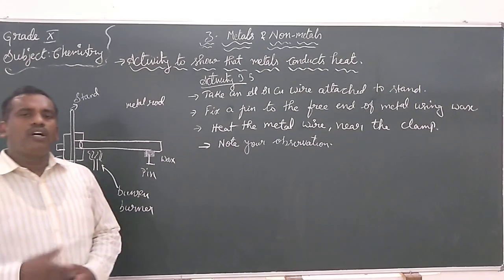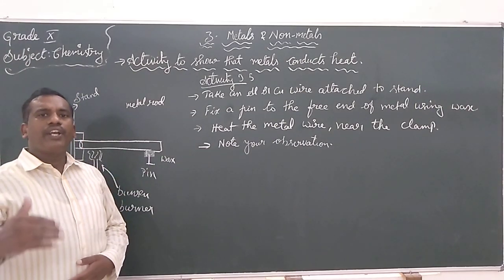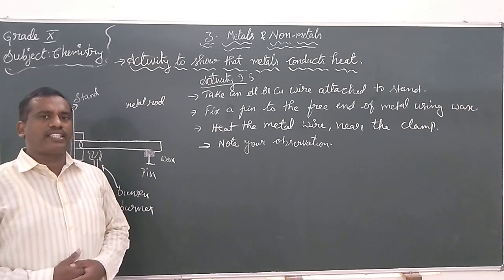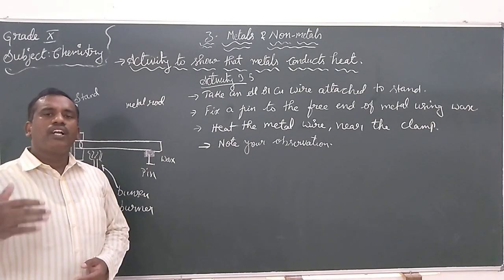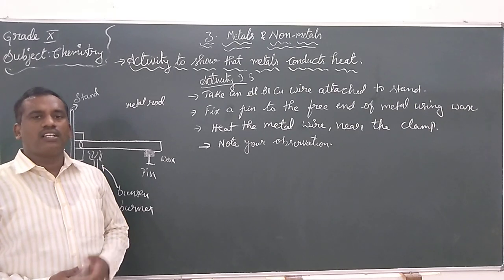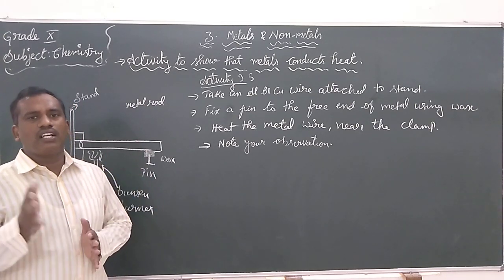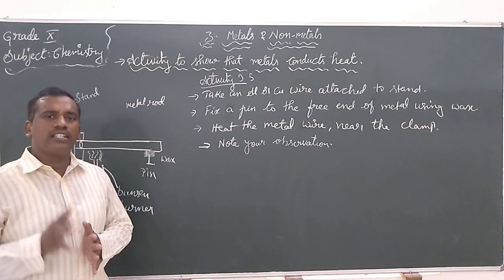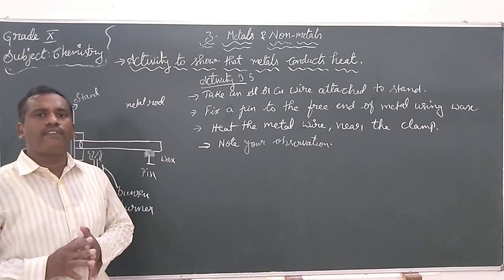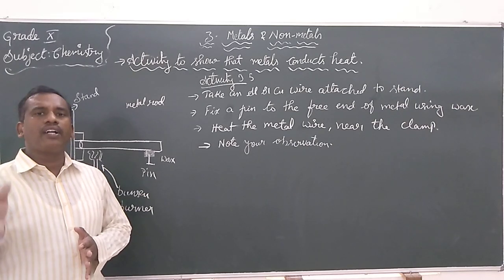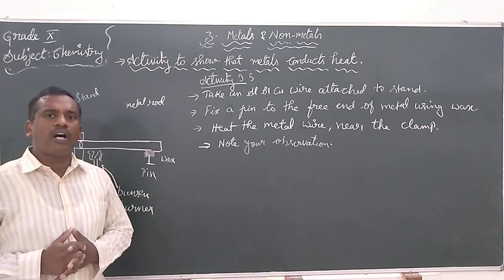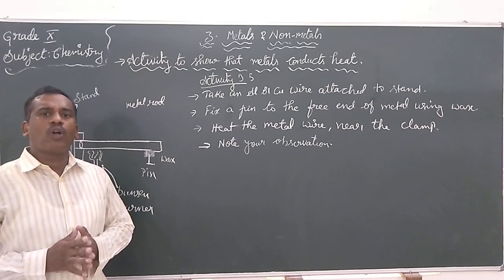At our home, nowadays we have non-stick cooking pans. But in the earlier days, the cooking vessels were made of aluminum and copper.